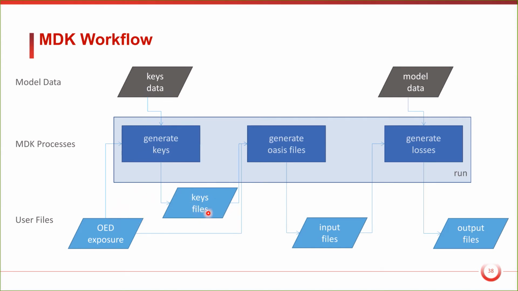What we then do is we pass that into a second process called generate Oasis files, which takes our initial exposure data plus our generated keys data about how that exposure fits into the model itself. And this generates some input files to the Oasis kernel itself. These are very abstract files at this point, similar to what we saw for the Oasis model representation files.